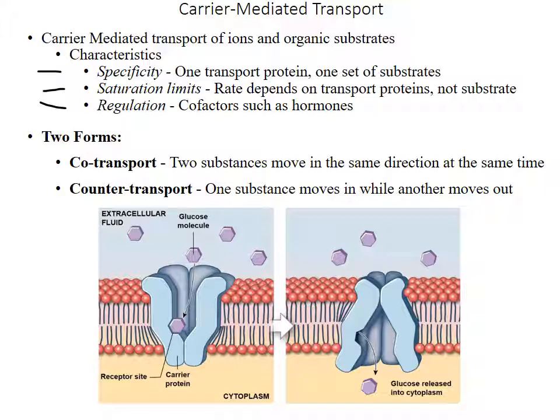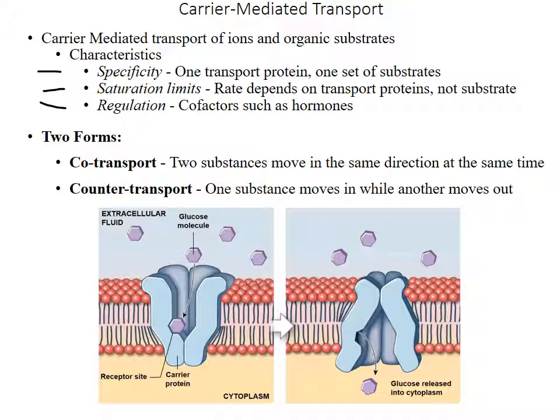And if I don't have both molecules in my carrier at the same time, then I'm not going to be able to move them at all. Sort of like if you've ever been to an amusement park and you go to get on a ride and they put a stranger in the seat next to you because they have to have two butts in every seat in order for the ride to go.